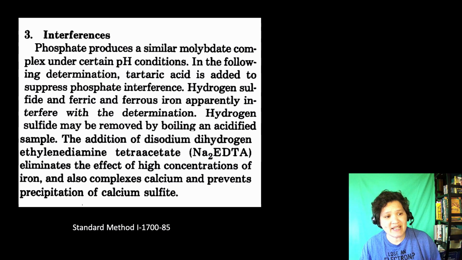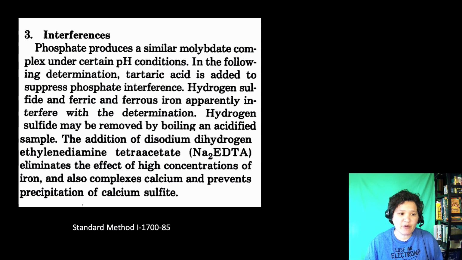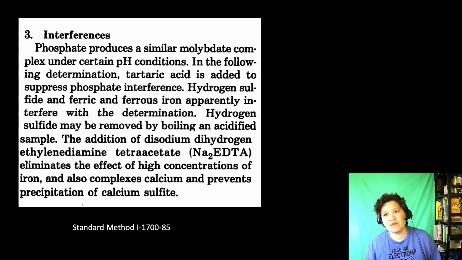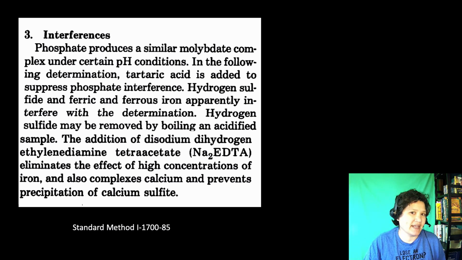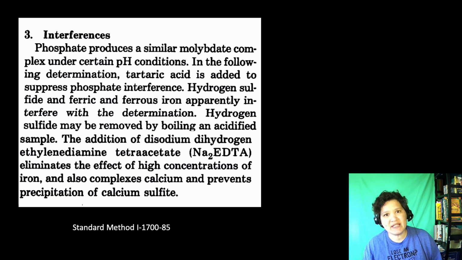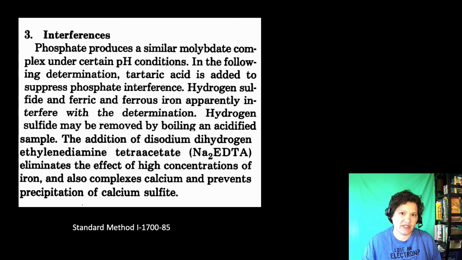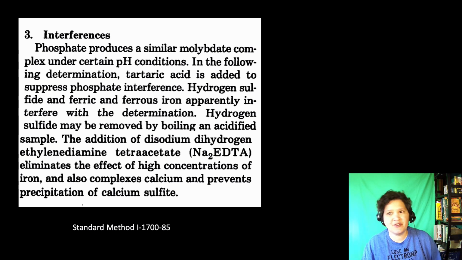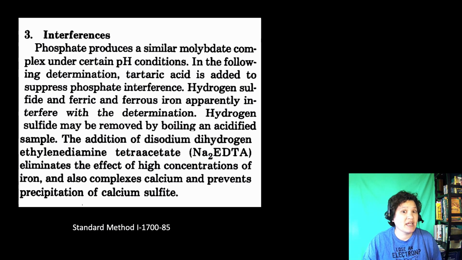You'll notice that it says hydrogen sulfide may be removed by boiling an acidified sample, and we do not do that every time. The reason we don't do that every time is because hydrogen sulfide stinks, and usually if you have hydrogen sulfide in your sample, you can smell it. And if you smell it, then you boil your sample. If you don't smell it, you assume that hydrogen sulfide is not there, and you don't boil it.